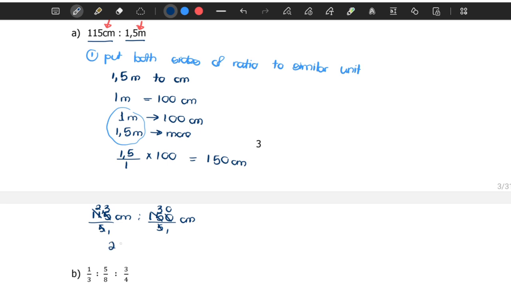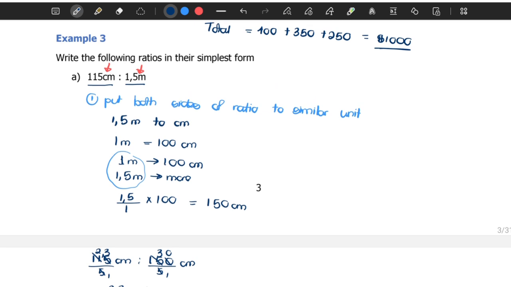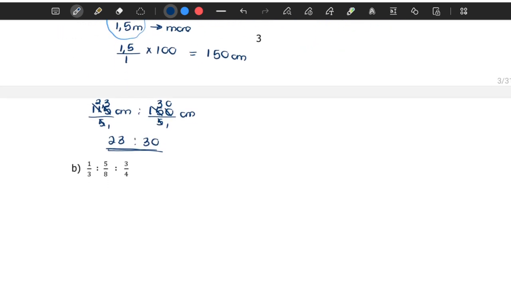So then it's going to be 23 is to 30. And there is no other common factor going into this. So this will be the answer. So that's the ratio in the simplest form.